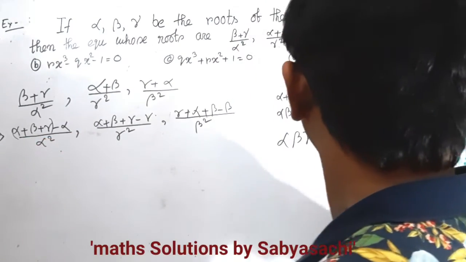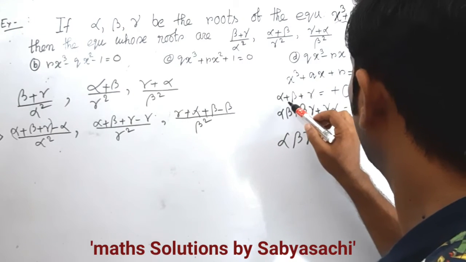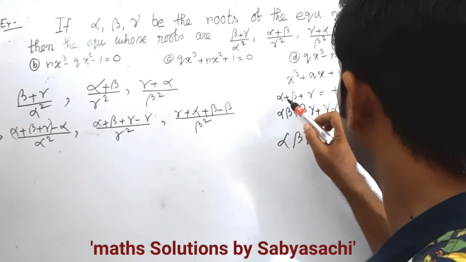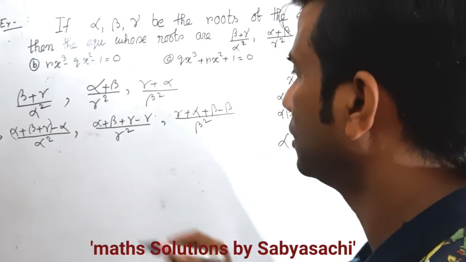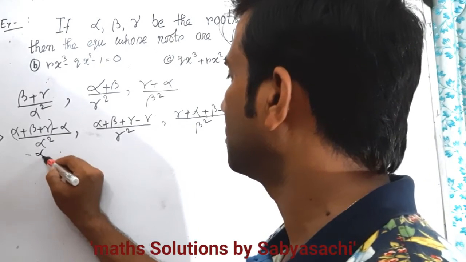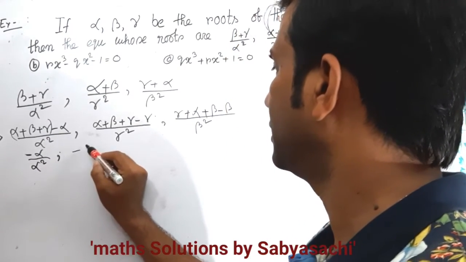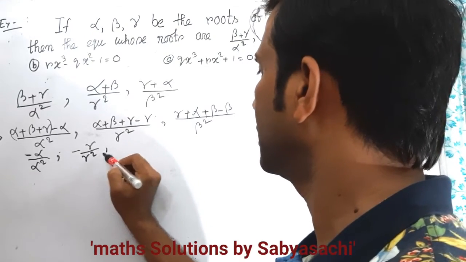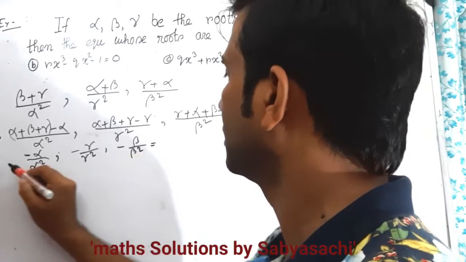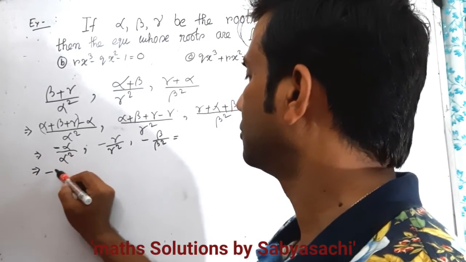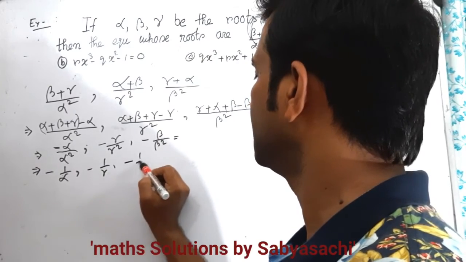We know from the relation that alpha plus beta plus gamma is equal to 0. That means minus alpha by alpha square, minus gamma by gamma square, minus beta by beta square. That means the roots are minus 1 by alpha, minus 1 by gamma, minus 1 by beta.